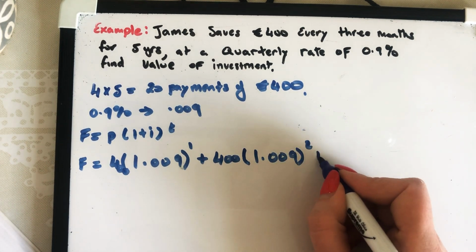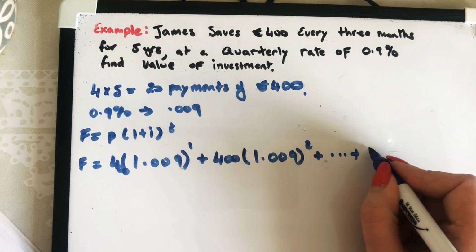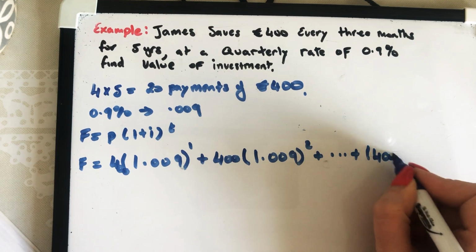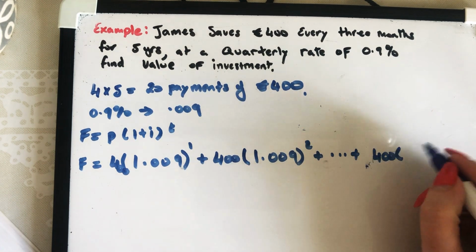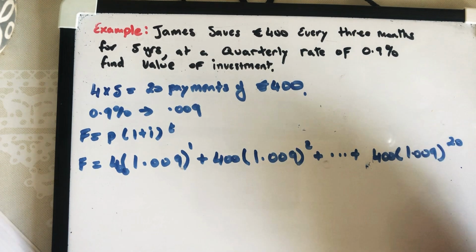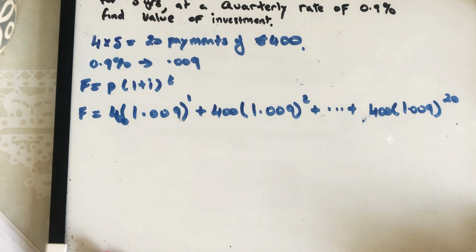And of course, I'm not going to write them all out. So let's do plus dot dot dot plus, and then we'll finish with our last one: 400 by 1.009 to the power of 20.